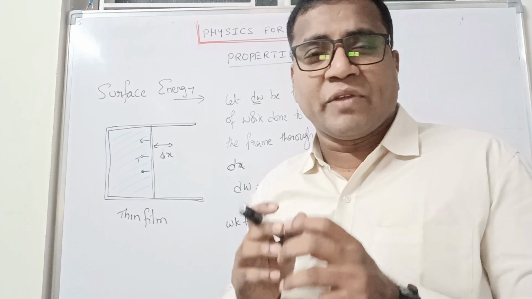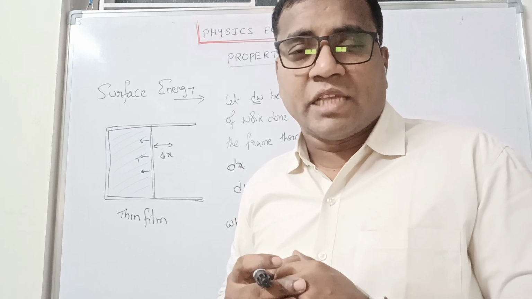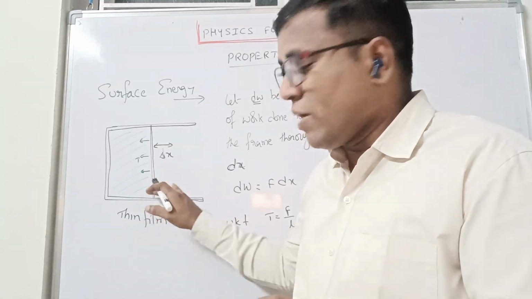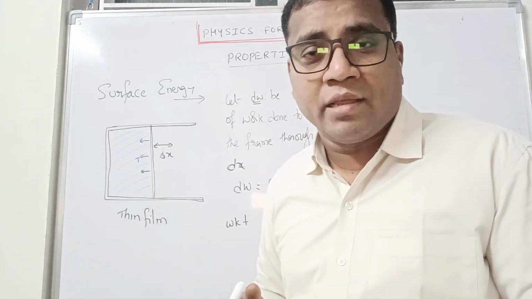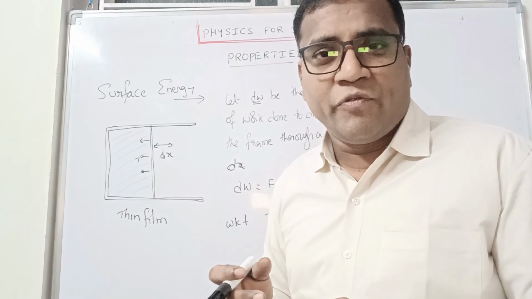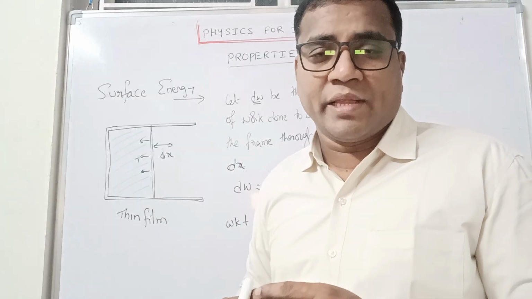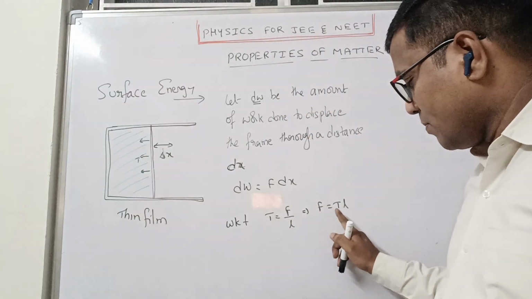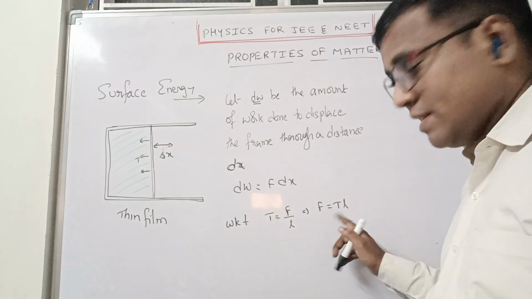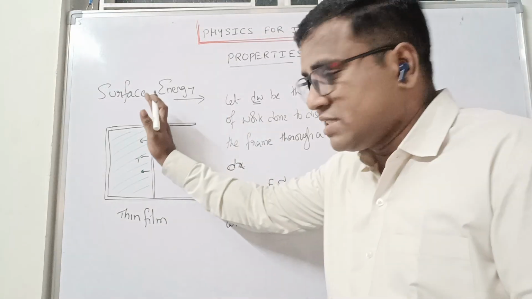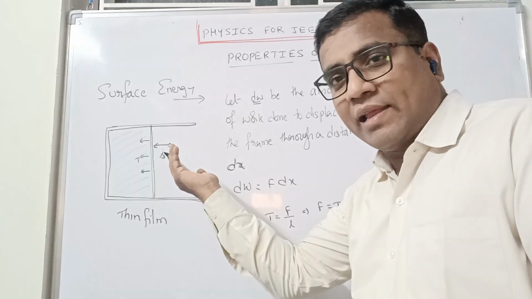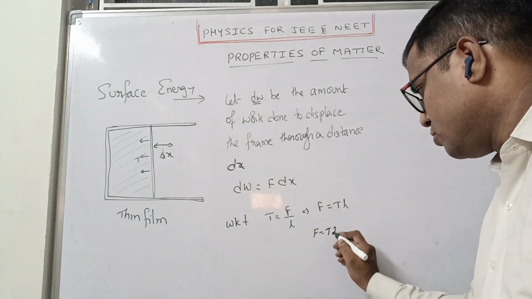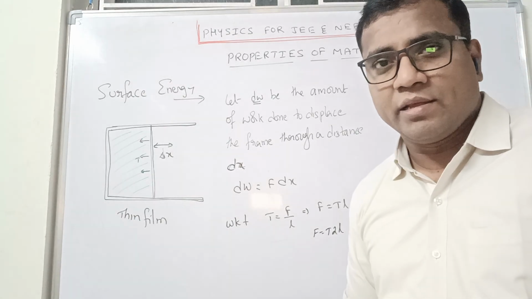That means the surface which is exposed to air. It is a thin film. For the thin film, how many free surfaces are there? Two free surfaces. So force is tension into length, and that length is this side one length and that side one length, so it will be 2L. So F is equal to T into 2L. I hope you understood, right?